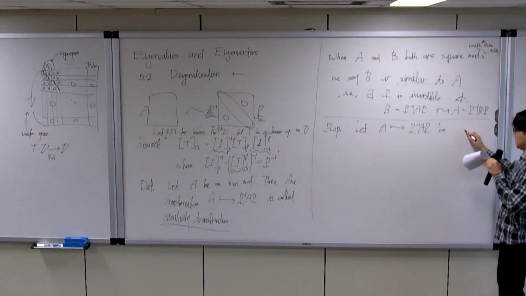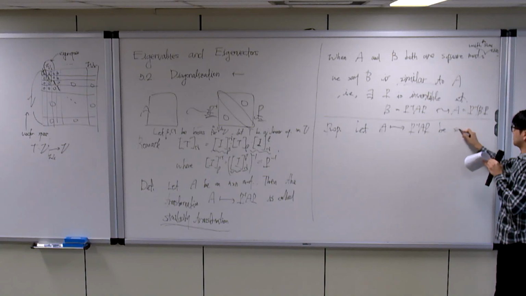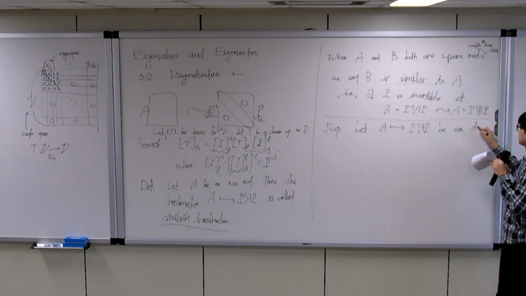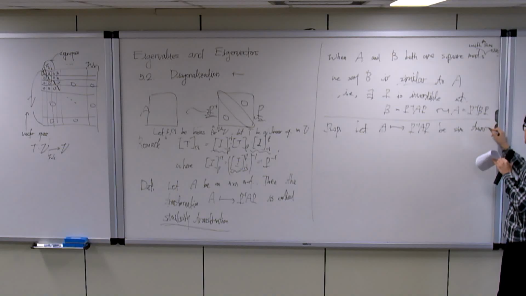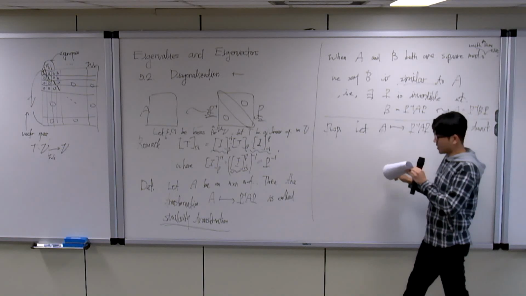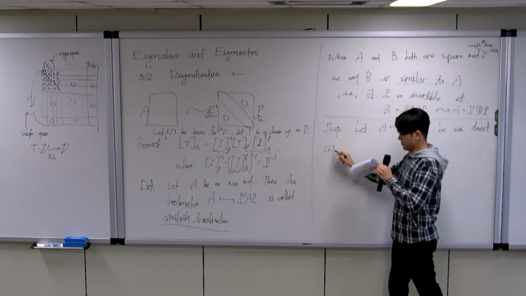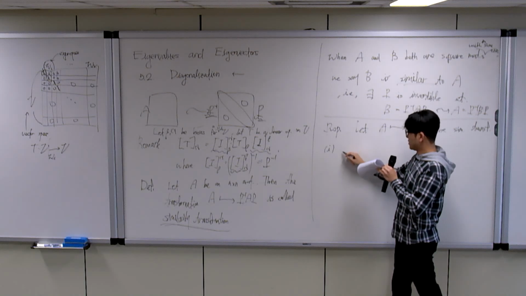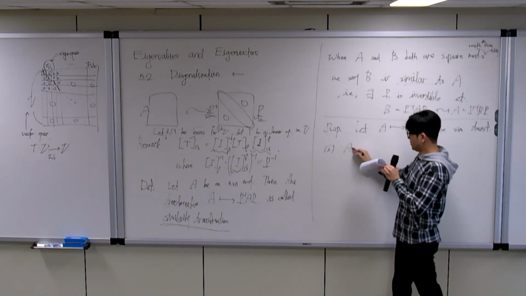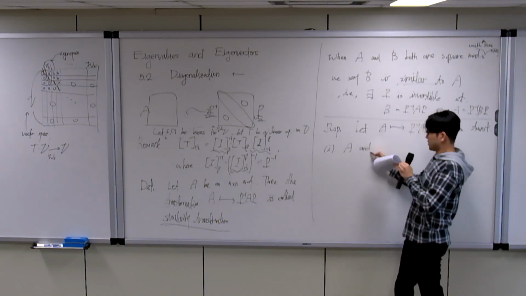So A invertible means P inverse AP is invertible. And the third one is A and P inverse AP have the same rank.